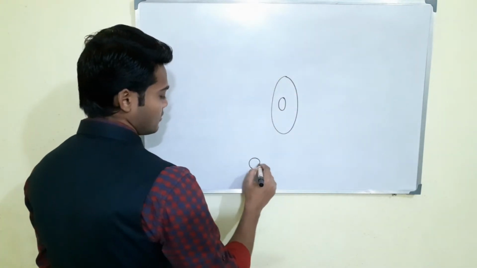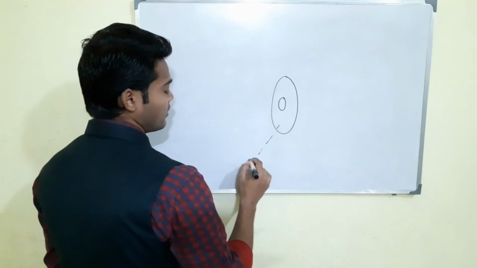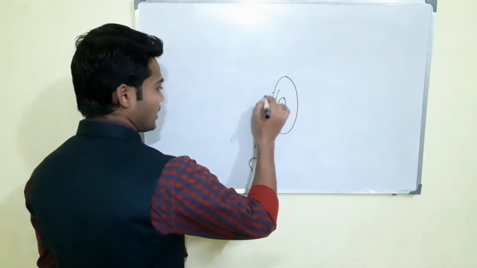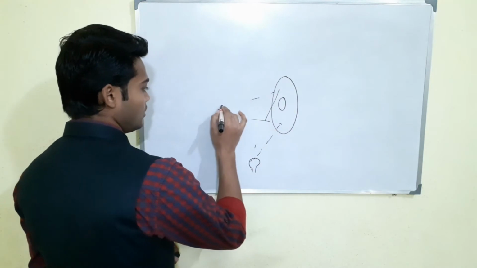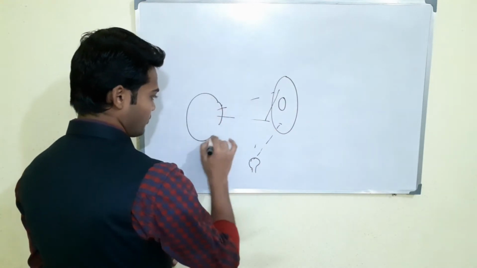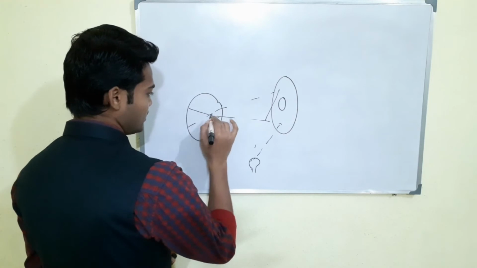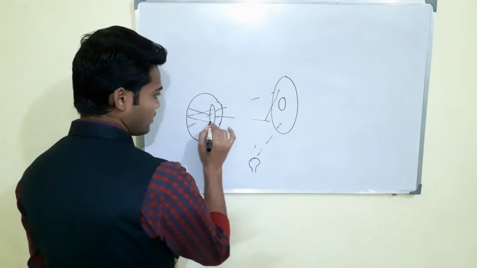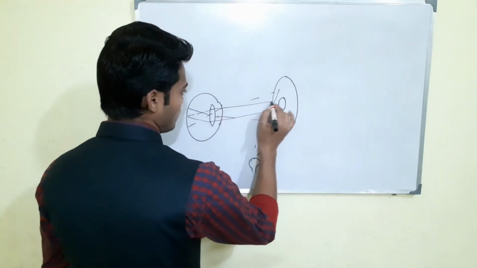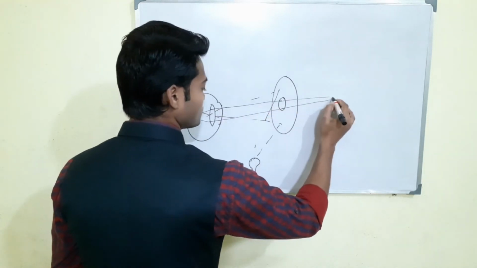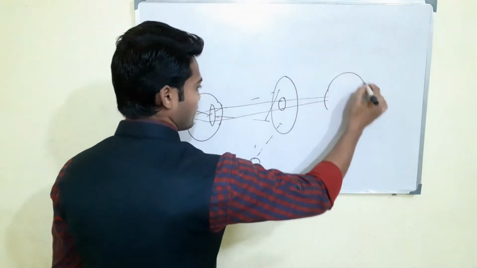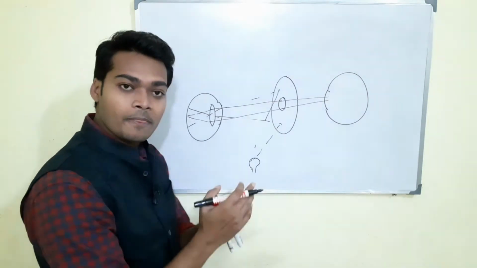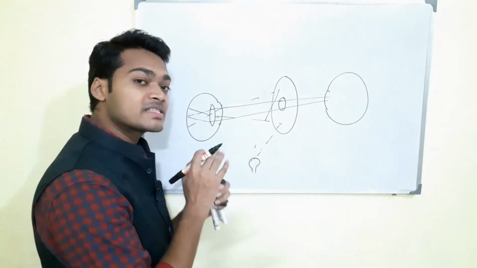Light is reflected from here, focused on the mirror, and then this light comes back onto the ocular part, and then the light coming back goes through the hole to the examiner's eye, or observer's eye. So this is the basic distant direct ophthalmoscopy previously used.